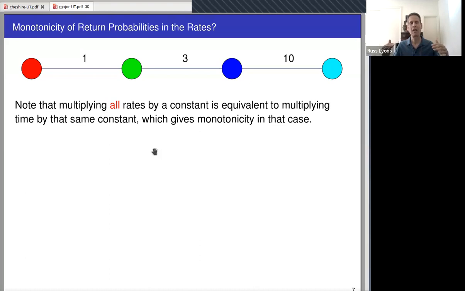Remember, that just changes the Laplacian by that same factor, which is equivalent to changing time by that same factor. And therefore, we have monotonicity. So this is a general property of most things I'm going to look at. We should first look at monotonicity in time before we ask whether there's monotonicity in the rates.